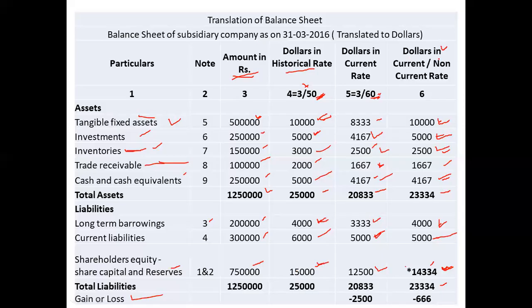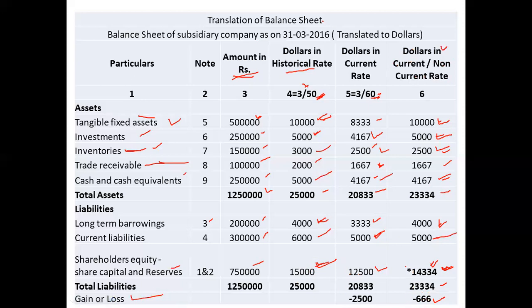The current and non-current item 14,334 minus 15,000. If you get a minus value, that means minus 666. When you do 14,334 minus 15,000, we got minus 666 rupees. So it is a loss at the current and non-current rate.